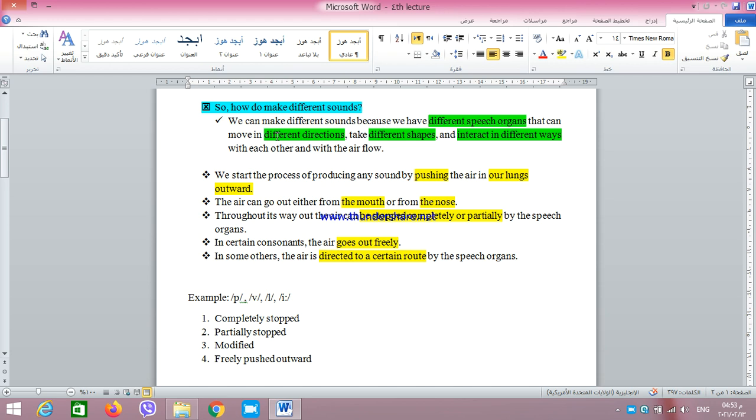So when we push the air outside, as if we are breathing, we can either push it through the mouth or through the nose. These are the only cavities, or the only ways, for the airflow to go out. Again, we have air in our lungs, we push it outside either through our nose or through our mouth. Correct? Now, the direction of the airflow is to be pushed outward.